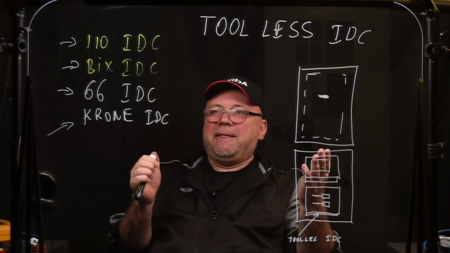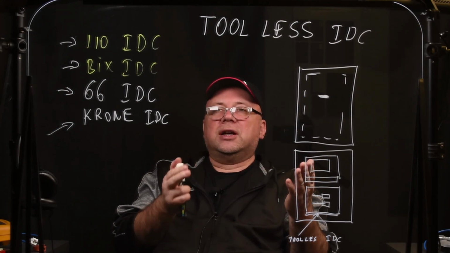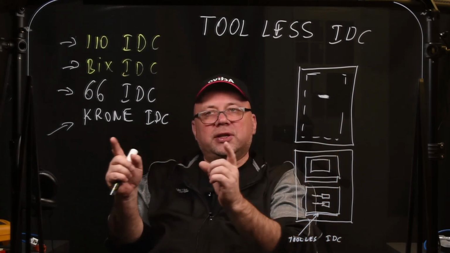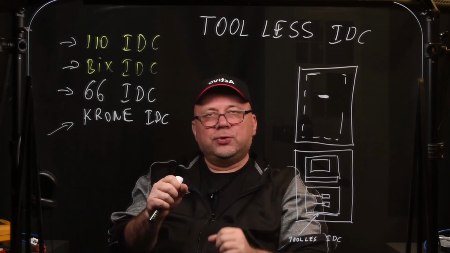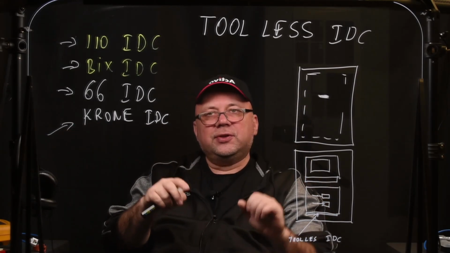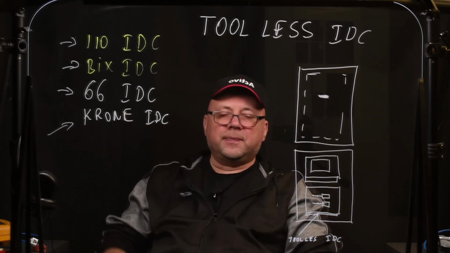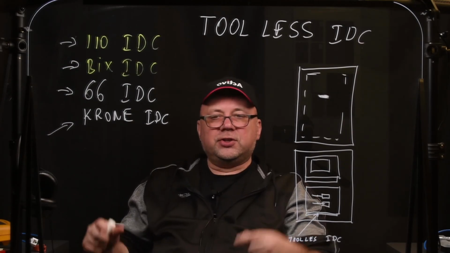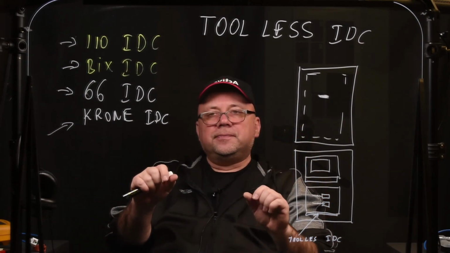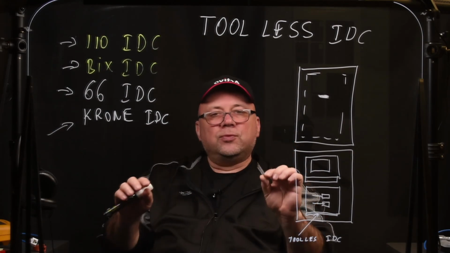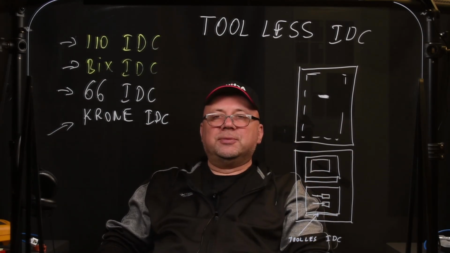During the one lab session, we're going to have 2 hours to make the connection using the 110 punch down tool and test it, take the photos, and then do another connection using the toolless connection, take the photos, and get work orders filled out for both labs separately.